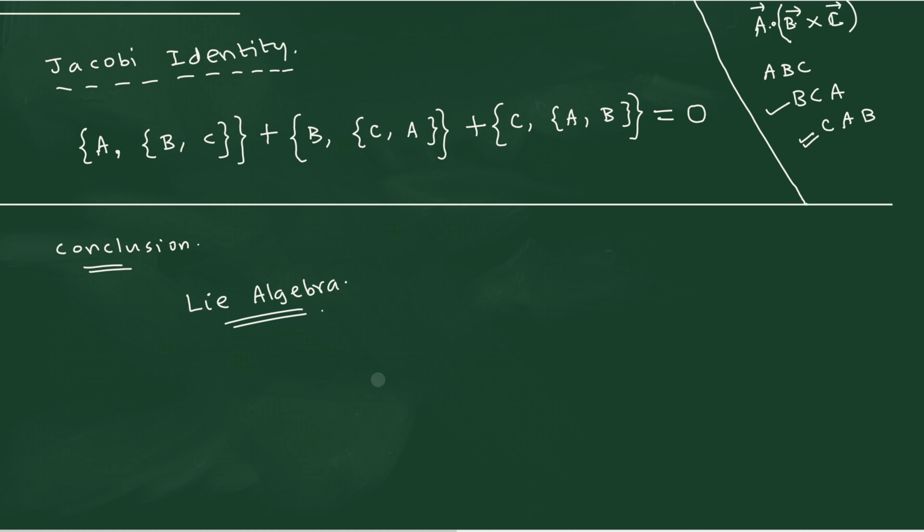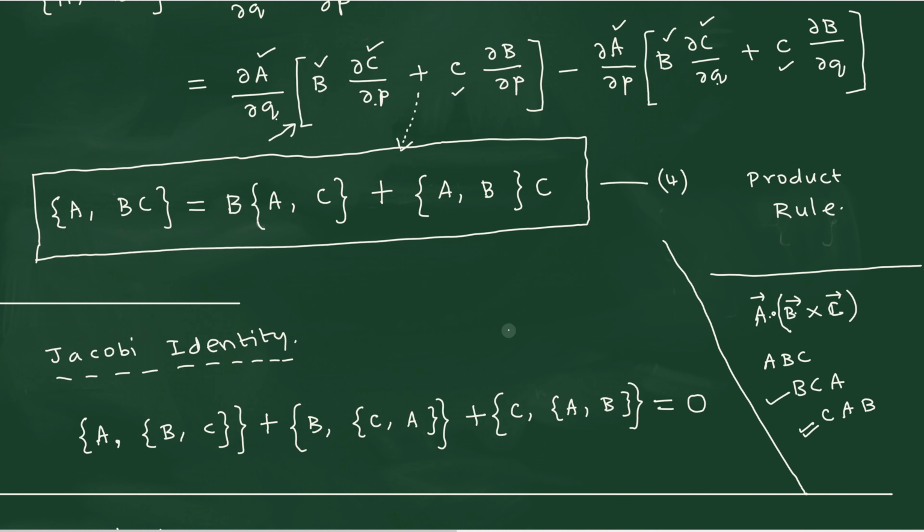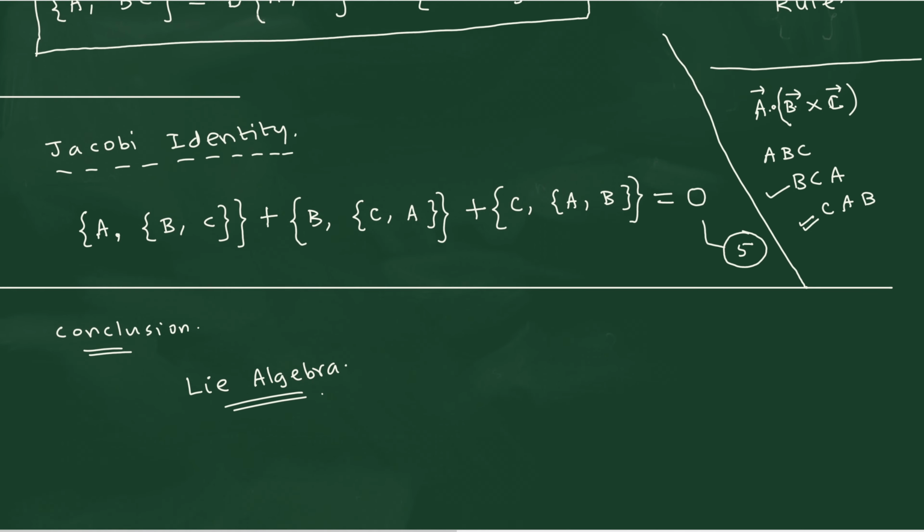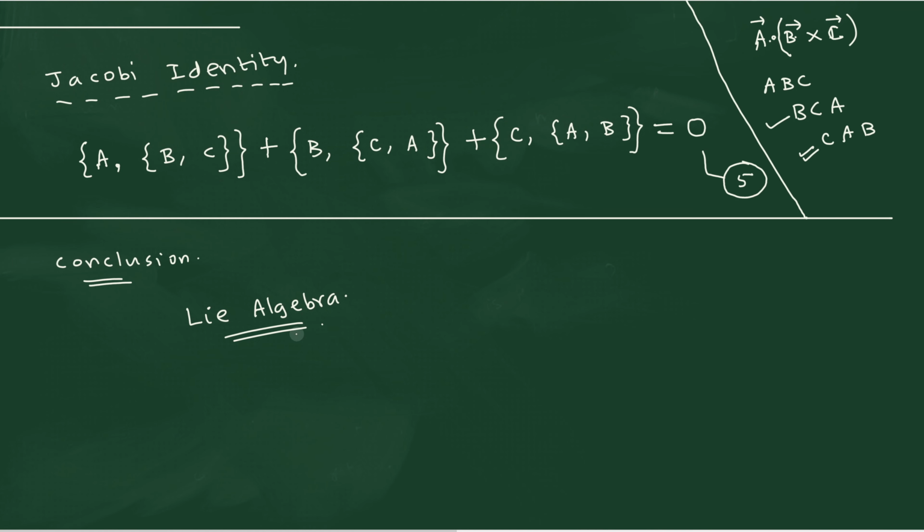Whenever we have variables like a, b, c, which are functions of the dynamical variables q and p, and if they satisfy these Poisson bracket properties, all the way from 1, 2, 3, 4, and the last one, probably we'll write as the fifth, if all these properties are satisfied by the set of variables, then we say that the variables obey Lie algebra.